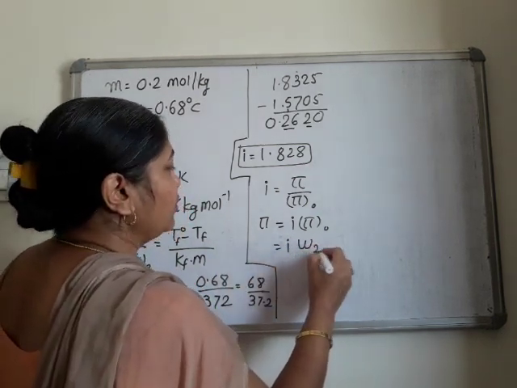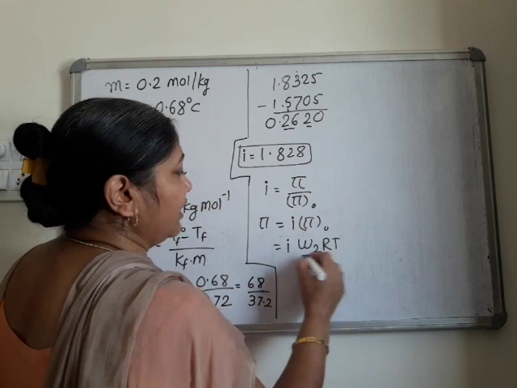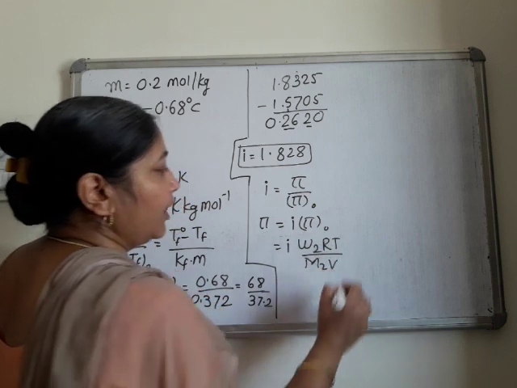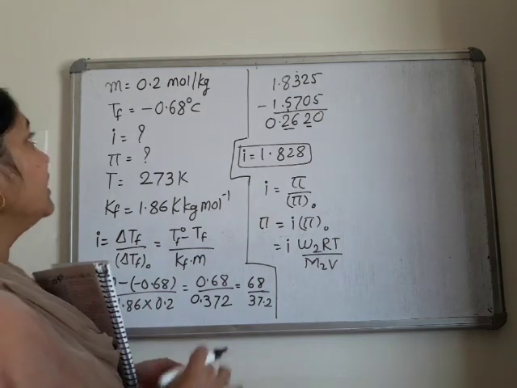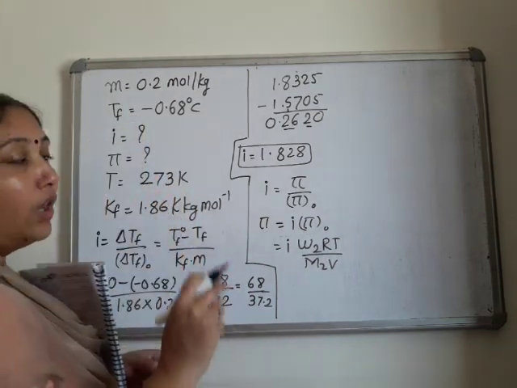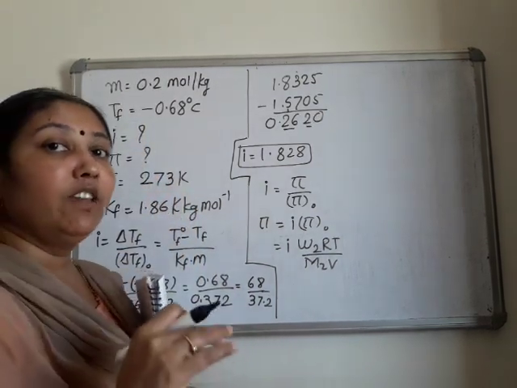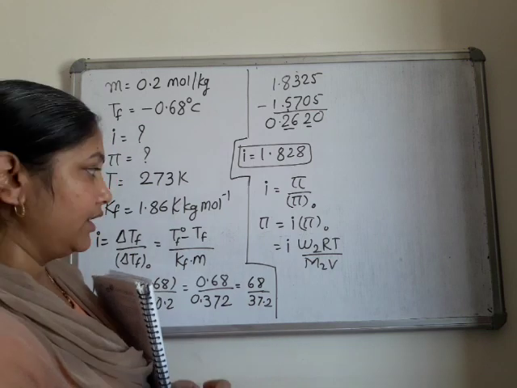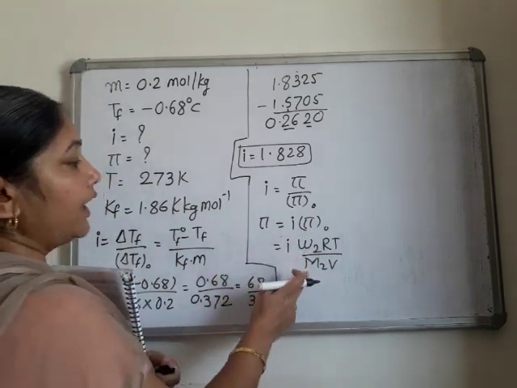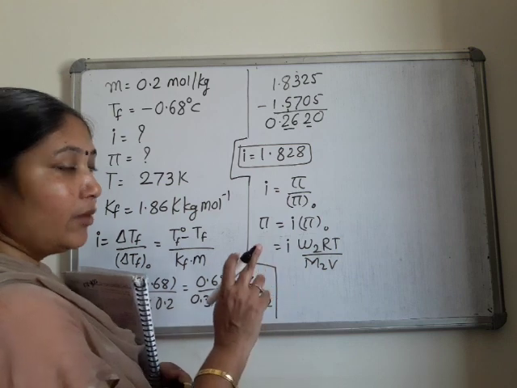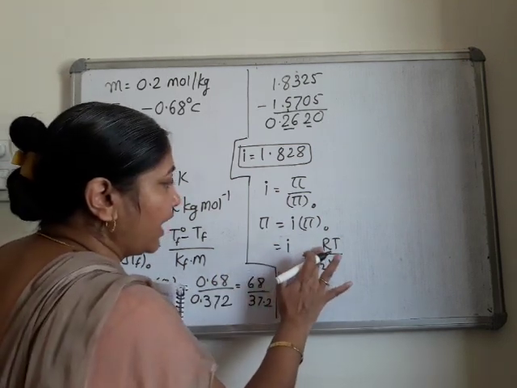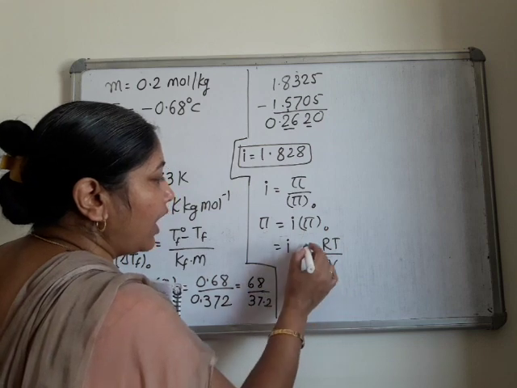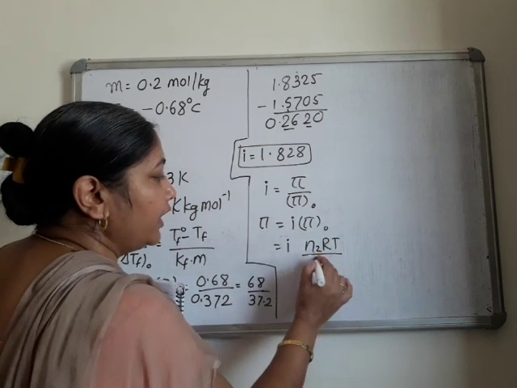Pi is equal to W2 RT upon M2 into V. This is the formula, right? Now see, they have not given molar concentration. They have given molal concentration. So W2 upon M2 is nothing but n2. So we can replace this by n2 RT upon V.